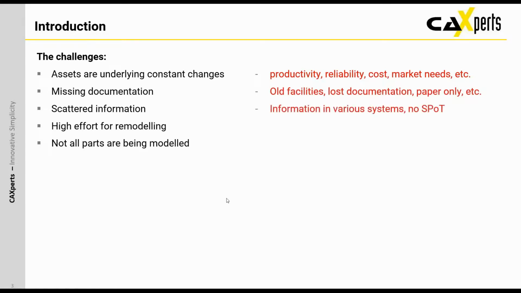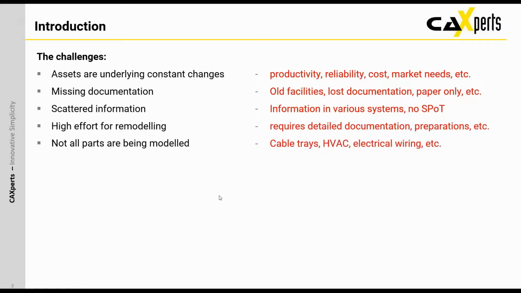Scattered information in various systems, but not really a single point of truth available. And it all requires detailed documentation, preparation, information, drawings for remodeling, and the parts not being modeled, for example, cable trays, HVAC, electrical wiring, most of the time also mobile equipment that might be standing in the way.